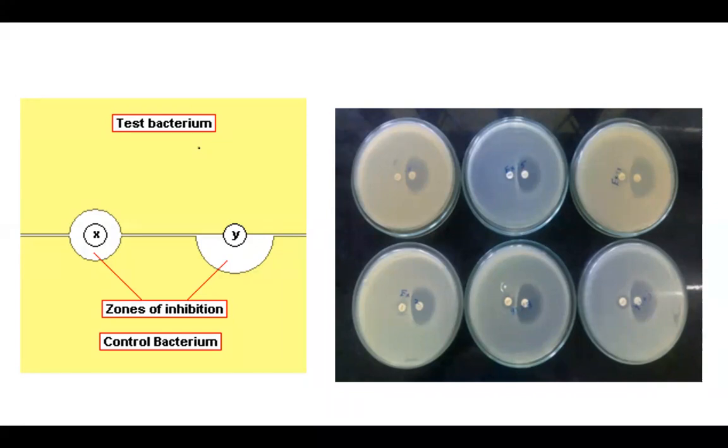So you have the control, for example, Streptococcus pneumoniae. The manufacturer will tell you it is sensitive to amoxicillin or resistant to amoxicillin. And so the test bacterium is what you have isolated from the patient. You do not know its characteristics, and so you're testing it. So you look at the different zones of inhibition and you compare.